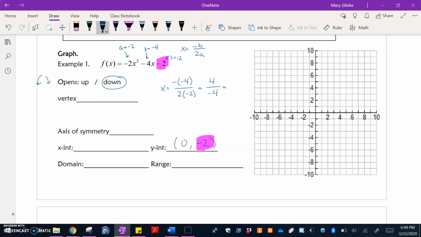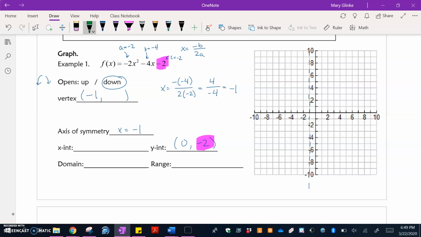And 4 divided by negative 4 is negative 1. What this means is the x value of my vertex is negative 1. Also, my axis of symmetry should go through x equals negative 1. So this vertical line, x equals negative 1, is where my vertex is going to be, somewhere on that line. Let's go ahead and find the y value of the vertex.